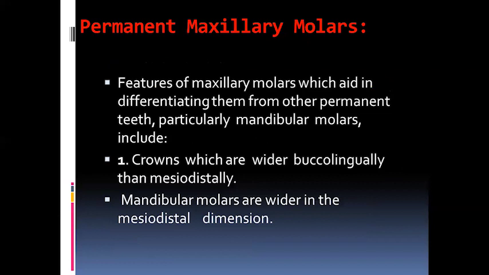Features of maxillary molars which aid in differentiating them from other permanent teeth, particularly mandibular molars, include crowns which are wider buccolingually than mesiodistally. Mandibular molars are wider in the mesiodistal dimension.